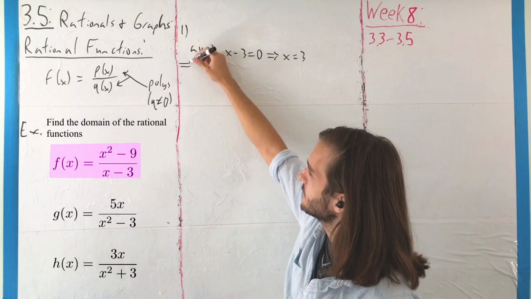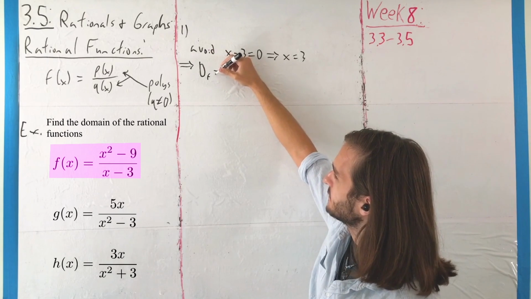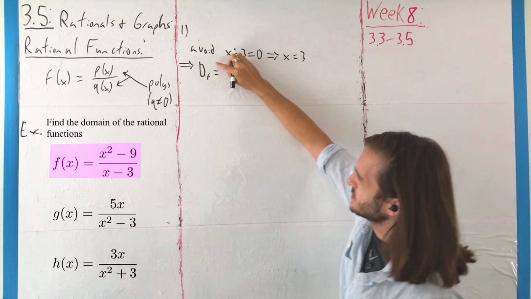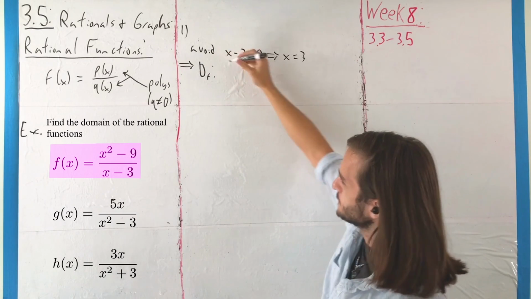So if we want to define the domain here, it's pretty straightforward. The domain of f, which we're going to use that D notation that we had before, is going to be, actually I shouldn't use an equal sign there, maybe I should use something more like a colon.